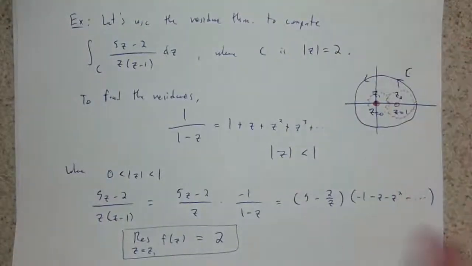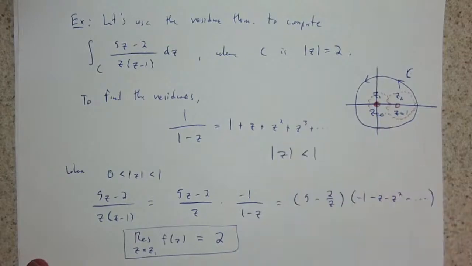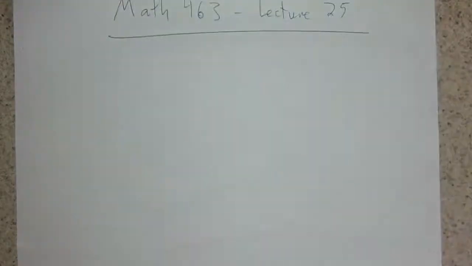Now, if this thing had had more singular points inside this curve, then I would have had to compute more and more residues. And so now what I want to do is show an example of how, if we're careful, we can sometimes get around computing multiple residues and compute this integral from a single residue.